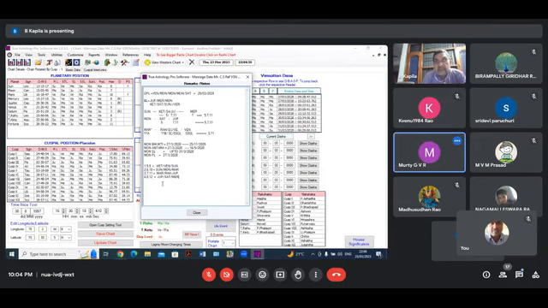Now, each of these signs is for a duration of how much? 13 degrees 20 minutes. Right? Now each sign will be of how many degrees? 30 degrees.